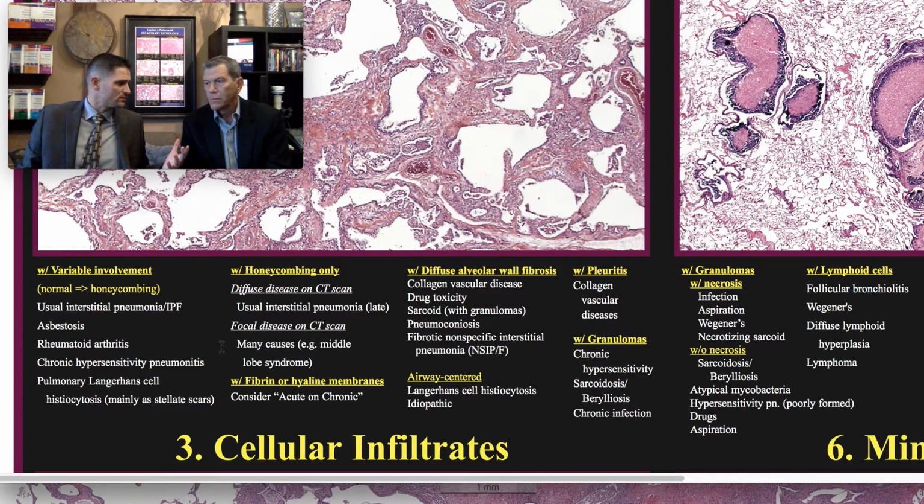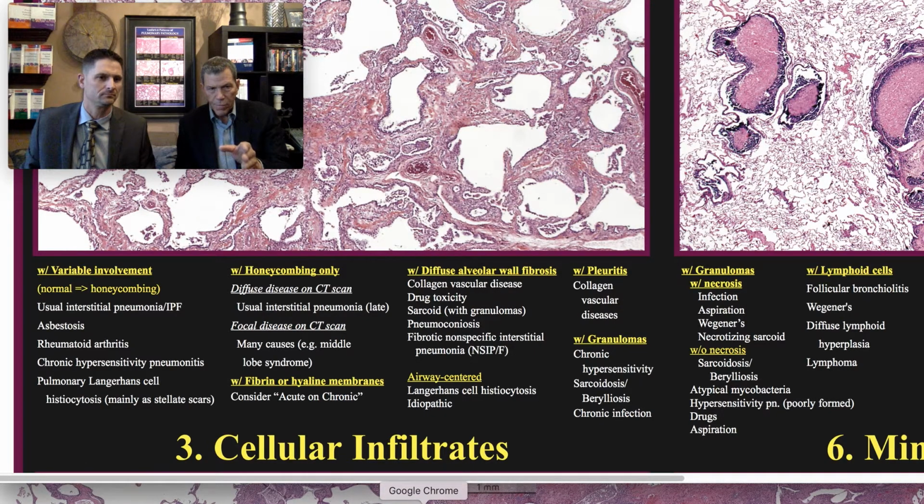What are the features that we want to look for that might help us decide which one of those 4 or 5 possibilities this is? And I would say that other than UIP of IPF, all the other elements in the differential diagnosis have things associated with them that we should be looking for to point us in that direction and away from IPF. So it isn't that the UIP has something specific that's going to help us.